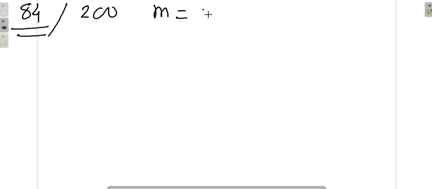Let us look at example number 84, same HC Verma, page number 200, rotational mechanics. A solid sphere of mass 0.5 kilogram is kept on a horizontal surface having a coefficient of friction 2/7.